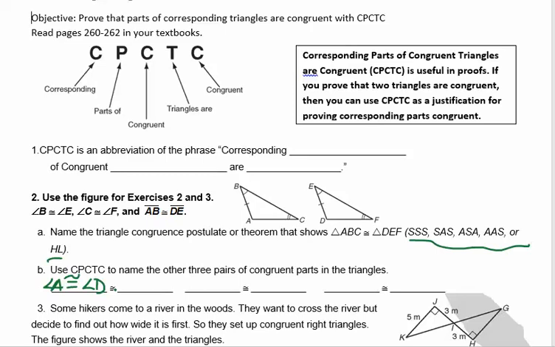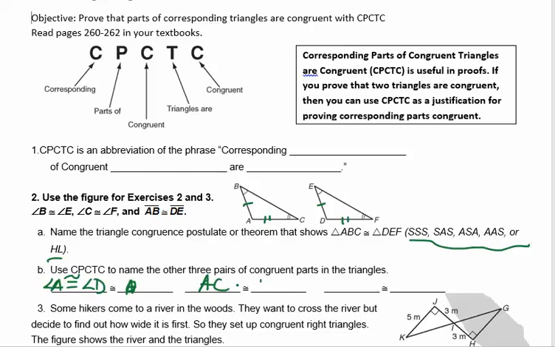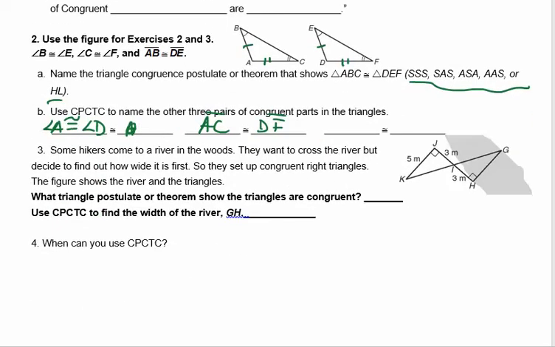And we already know that AB is congruent to DE, but we could use CPCTC to say that AC is congruent to DF. This is supposed to be angle A here and angle D here. And then you can find the other pair of sides as well, that would be congruent now that you know that the two triangles are congruent.